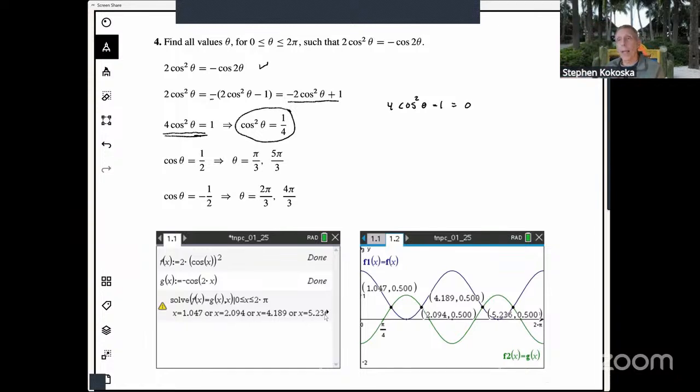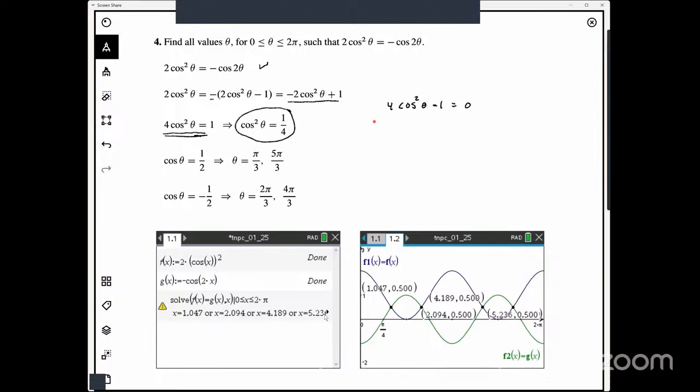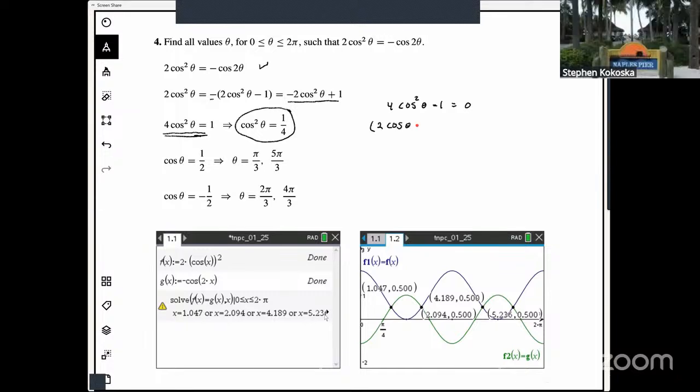I believe a better way to solve this is to try to factor this. And this is actually a difference of 2 squares. And so to write that as 2 times the cosine of theta -1 times 2 times the cosine of theta +1 equals 0. And then in order to solve this, I'm going to use the principle of zero products.